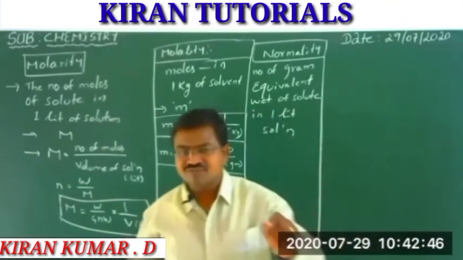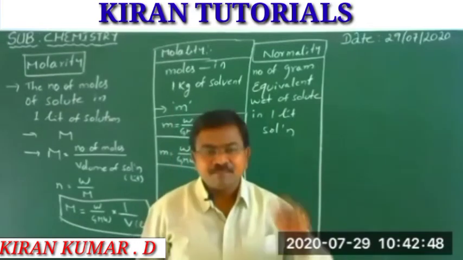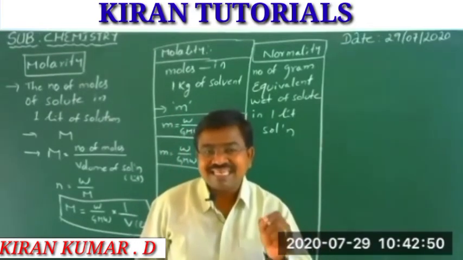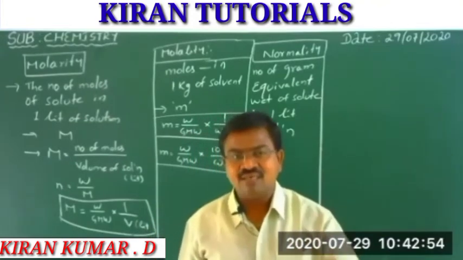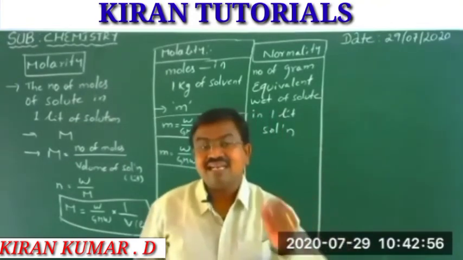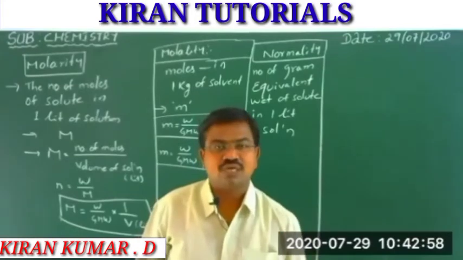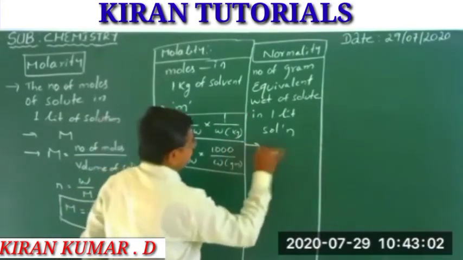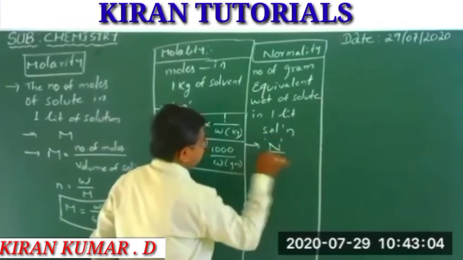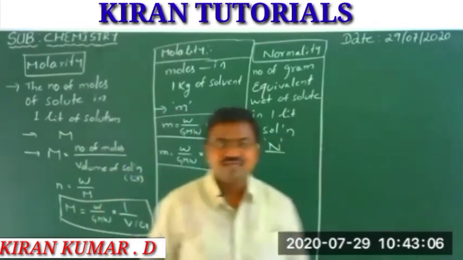The definition of normality is the number of gram equivalent weight of a solute present in 1 liter of a solution. It is denoted by capital N.